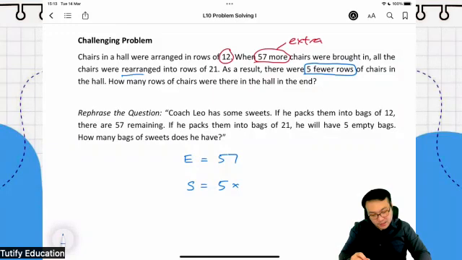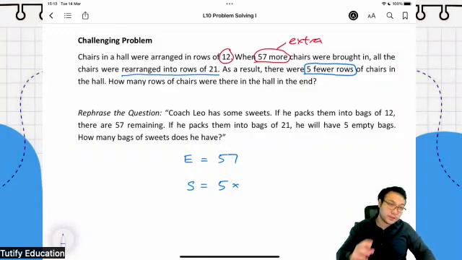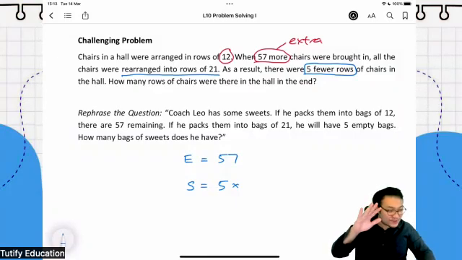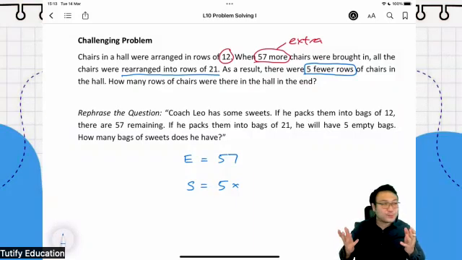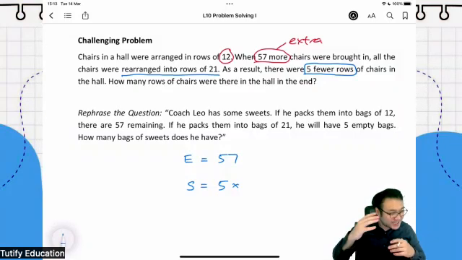You rearrange into rows of 21, right? You're supposed to put 21 chairs in every row, but at the end, when you reach the last 5 rows, you realize that, oops, I do not have enough chairs to put in the last 5 rows. So how many chairs do you actually need extra?